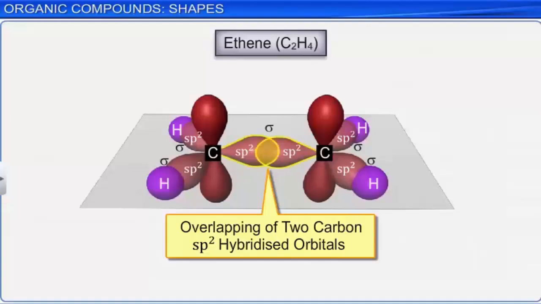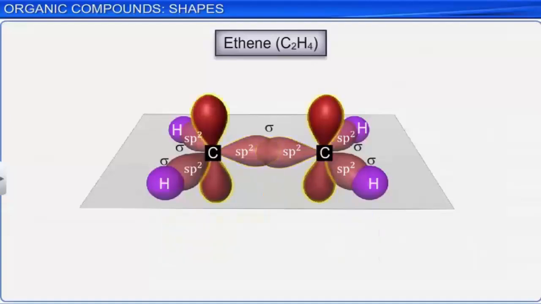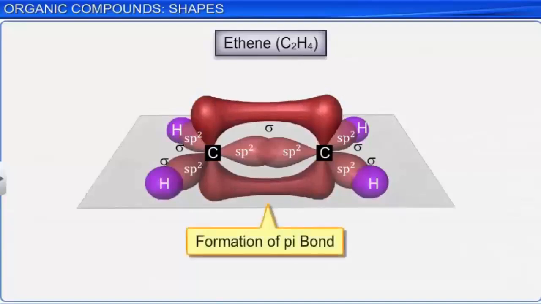The unhybridized or pure 2pz orbitals of both the carbon atoms overlap laterally to form a weak carbon-carbon pi bond by pp overlap. Pi bond doesn't account for the shape of the molecule.